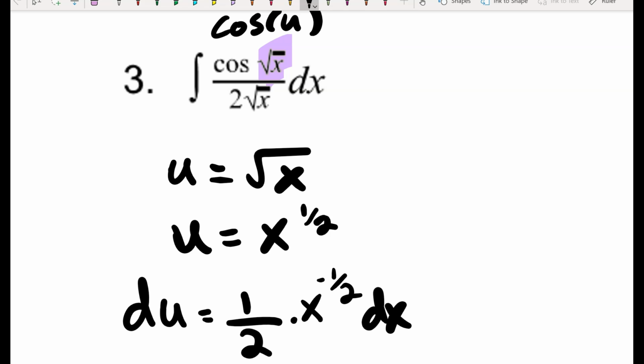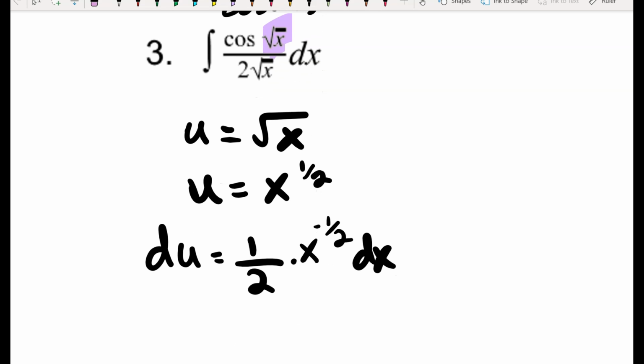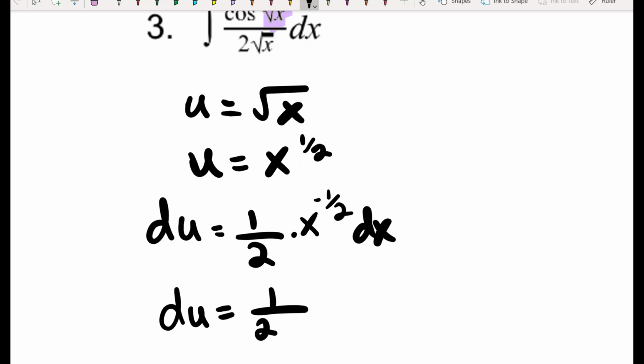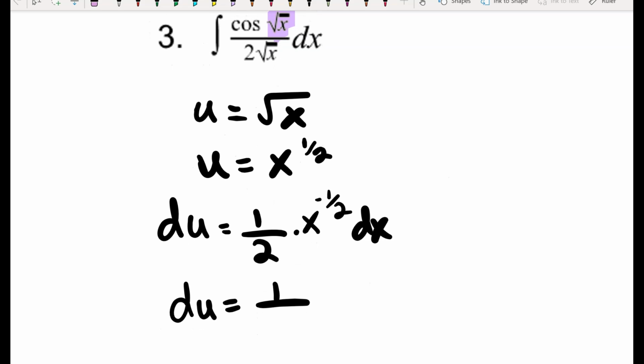This is still kind of hard to look at, and I generally don't like leaving negative exponents. So I'm going to rewrite that as du equals, I'm going to bring that x to the negative 1/2 down to the denominator, just so I can make it a positive exponent. And remember that x to the 1/2 is the same thing as radical x. There's a reason why I'm leaving it like that.